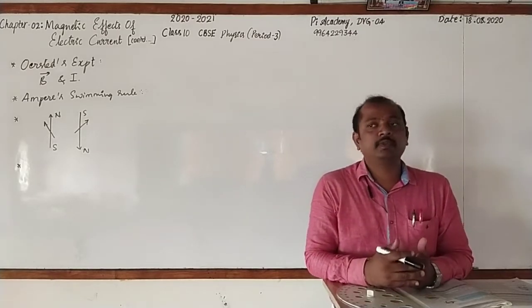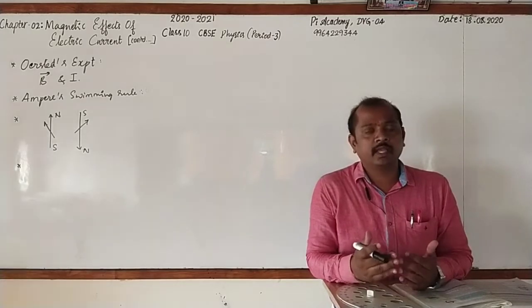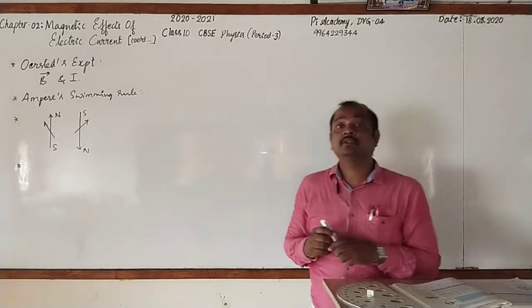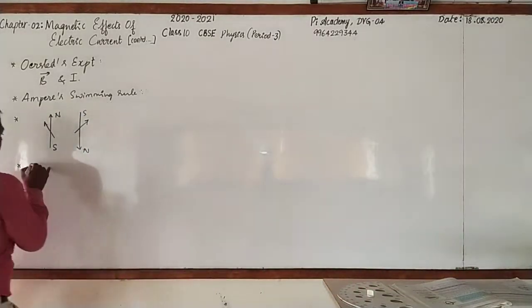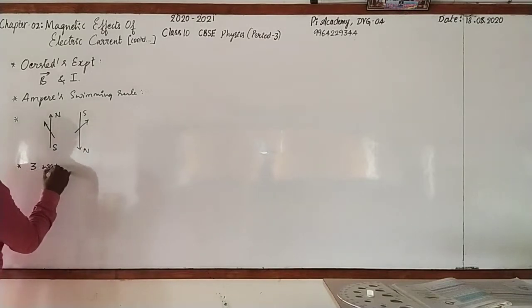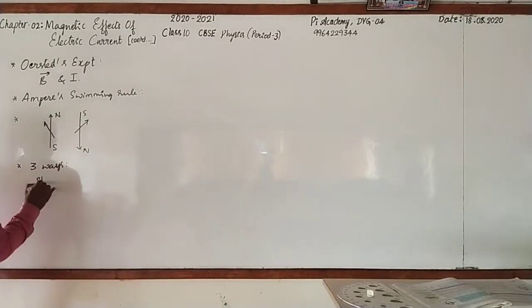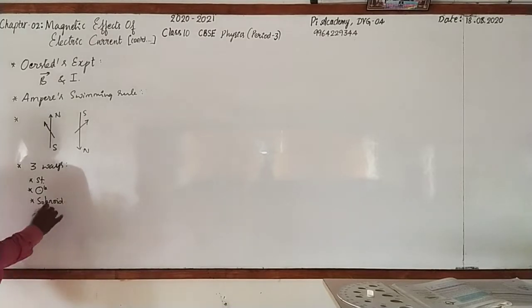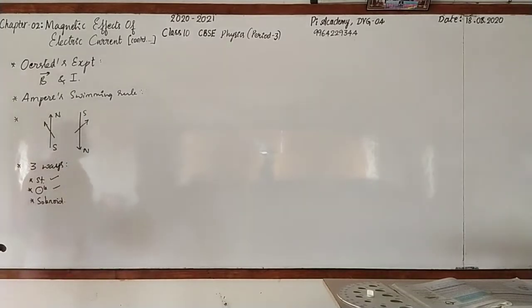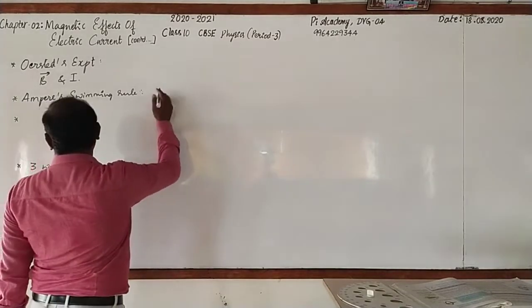And from that we come to know the conductor carrying current can be used in three ways, right? What are those? One is a straight conductor carrying current, second one is a circular conductor carrying current, and third one is the solenoid, right? But among these, the first two were discussed in detail with an activity also.